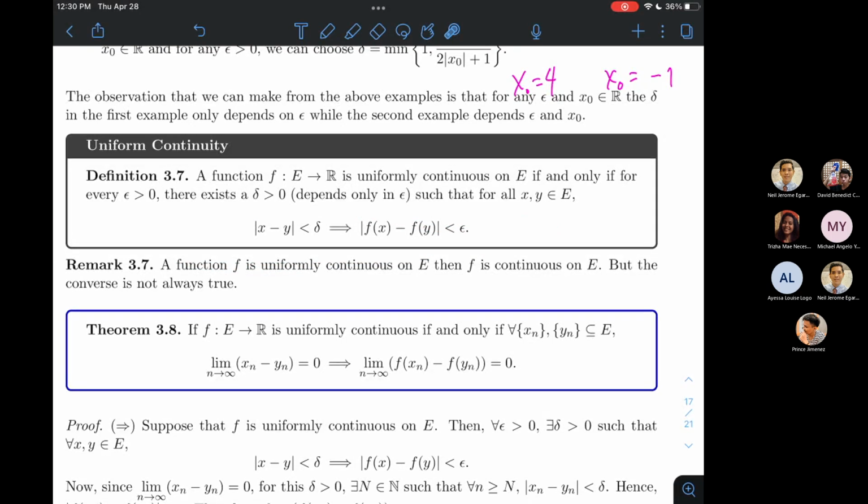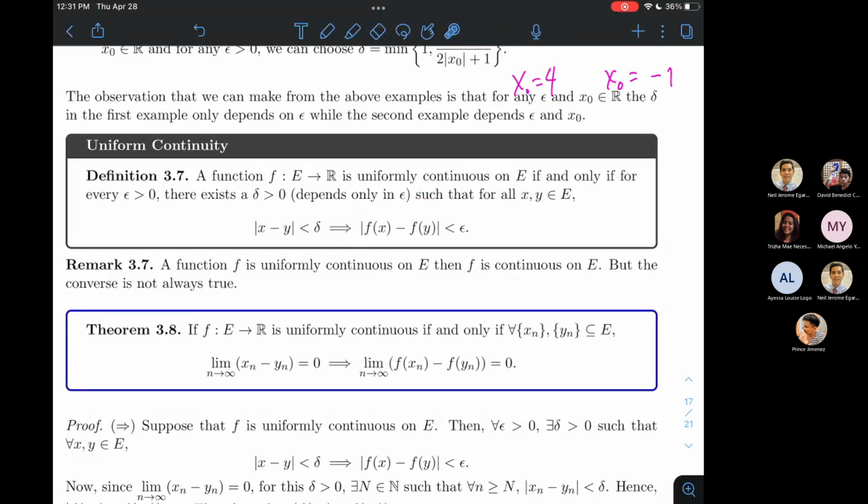So it is uniformly continuous on the set E if and only if, given an epsilon greater than 0, we get a delta that is independent of x sub 0, such that for all elements x and y of the domain E, whenever the difference between x and y has absolute value less than delta, then f of x and f of y will be arbitrarily close to each other.